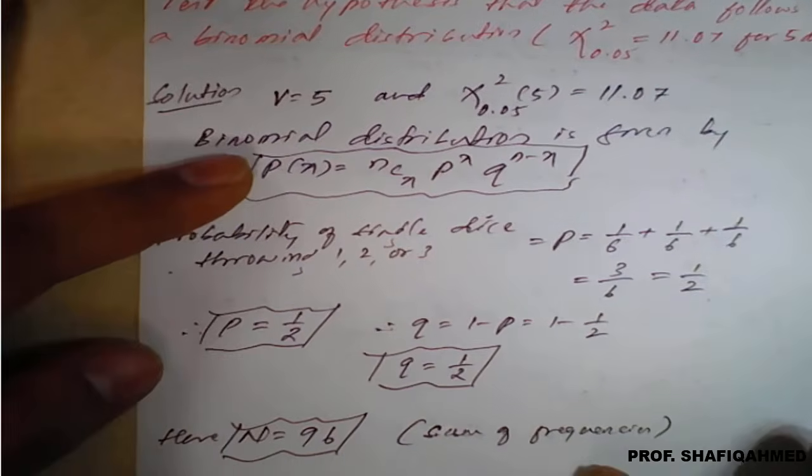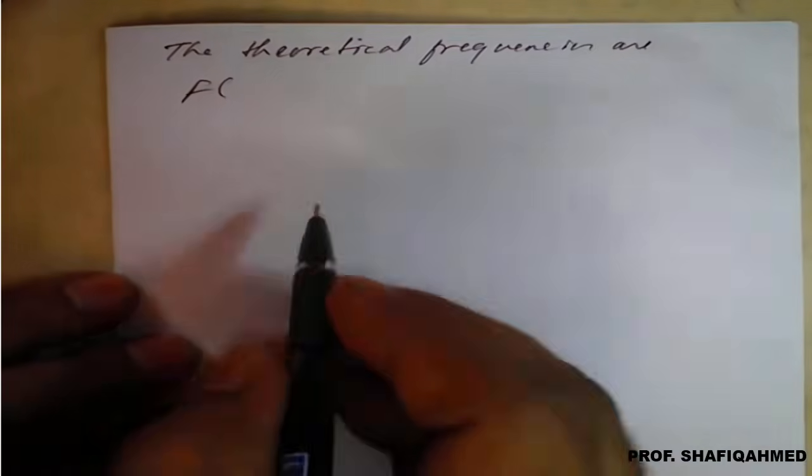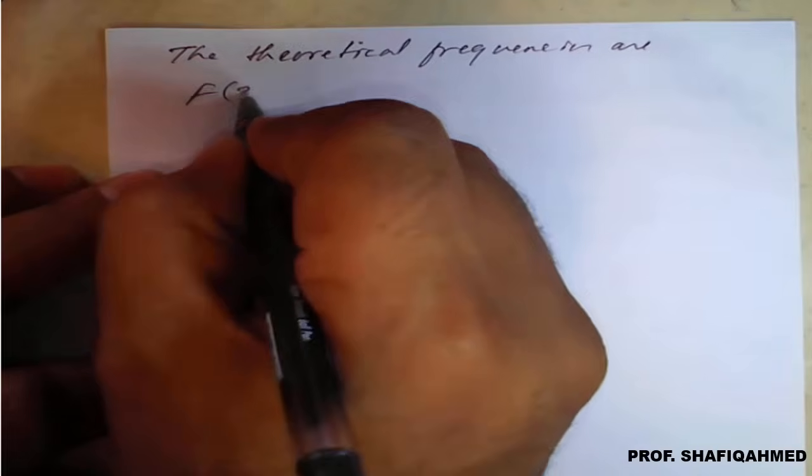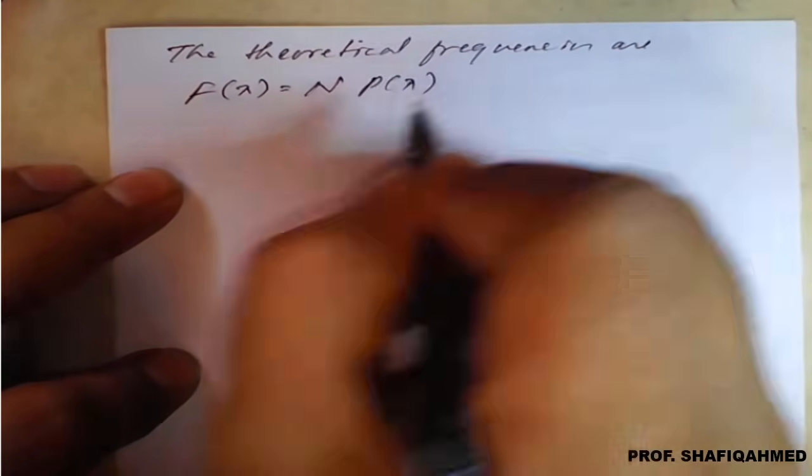So with the help of this, we will prepare the theoretical frequency formula. The theoretical frequencies are f of x is equal to n into p of x.